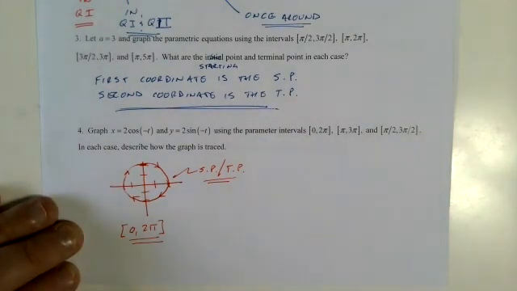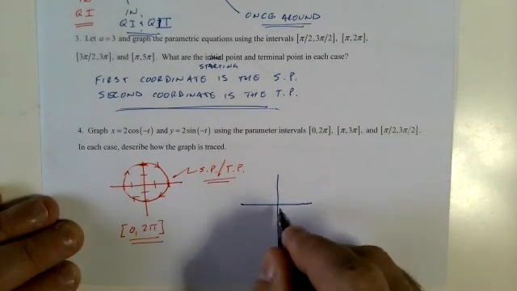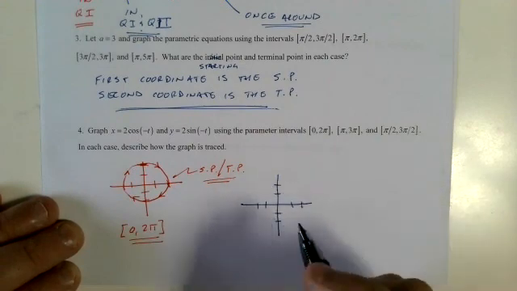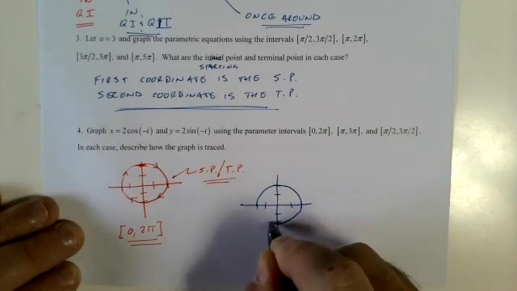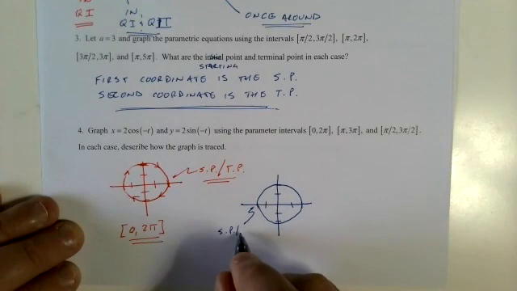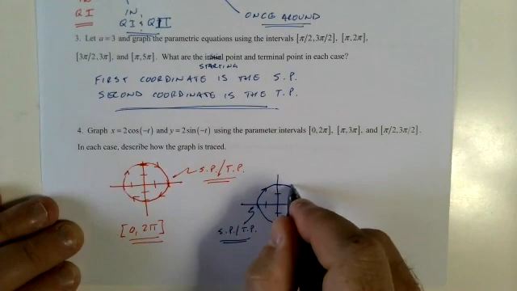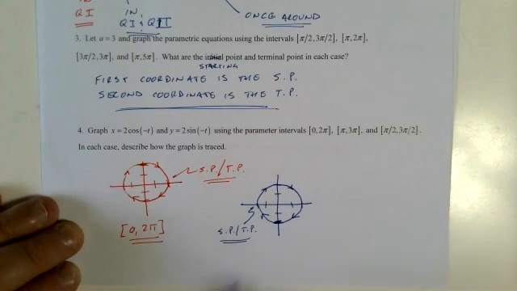Pi to 3 pi looks the same, but it starts in a different spot. Now it actually starts here. So that's, oops, pi to 3 pi.